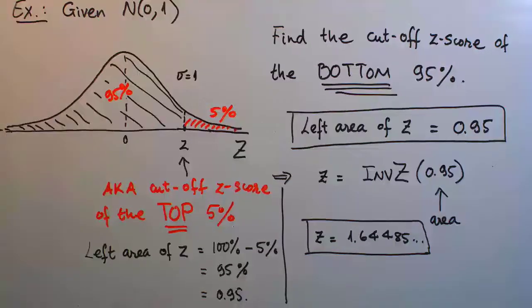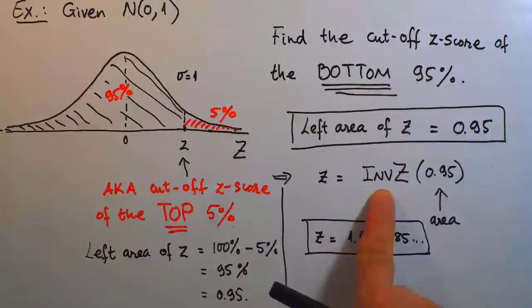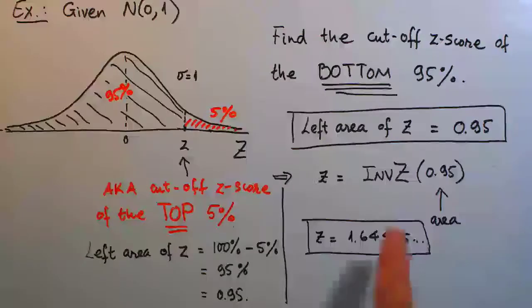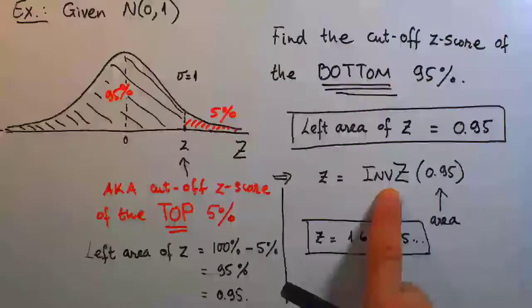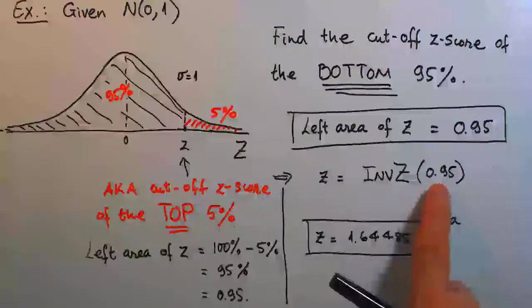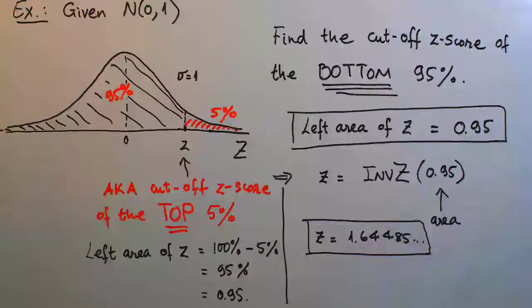Once we have that left area nailed down, you can either run my INVZ program if you have a copy, or use any web resource with similar functionality, inverting an area to the left of a z-score back to a z-score, and you should end up with this.